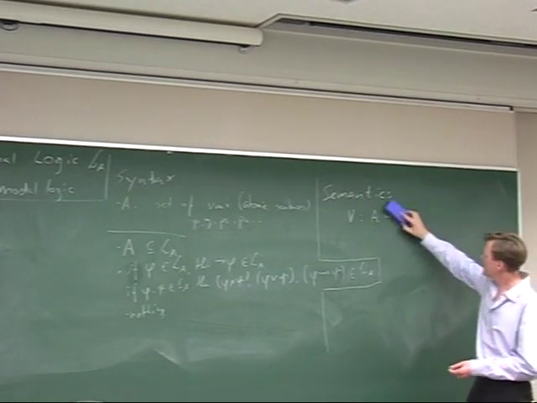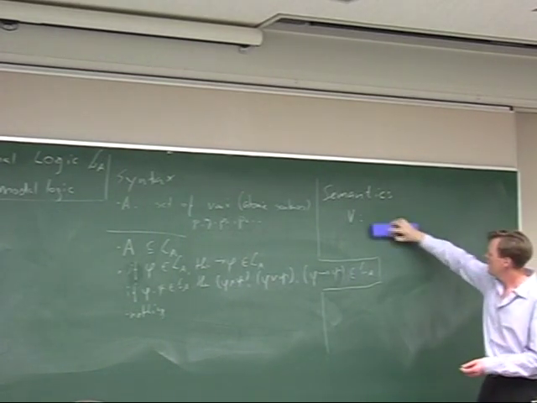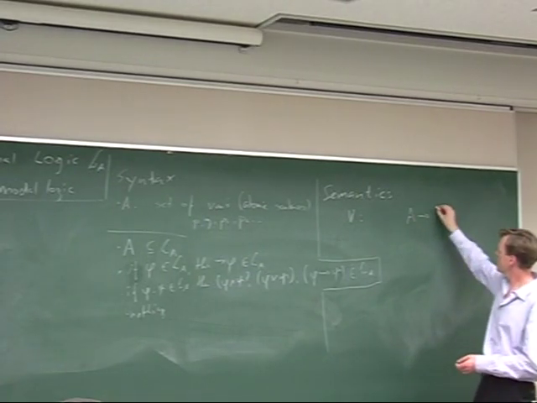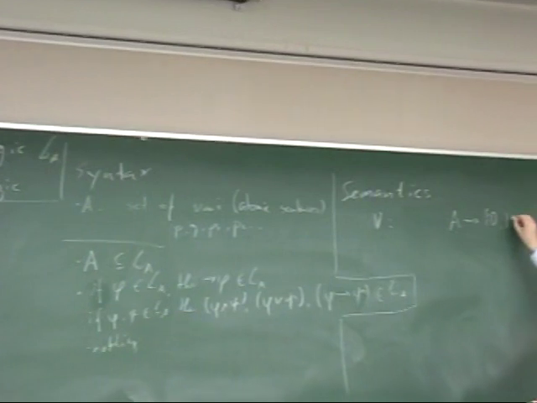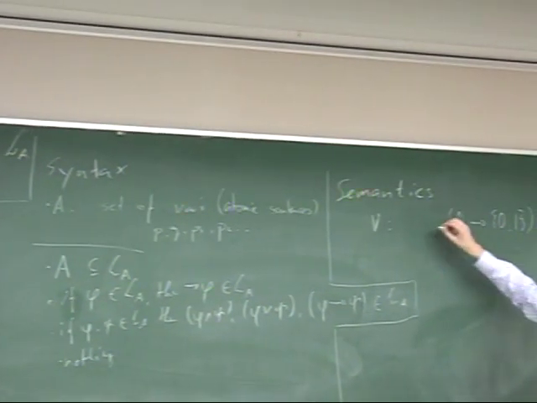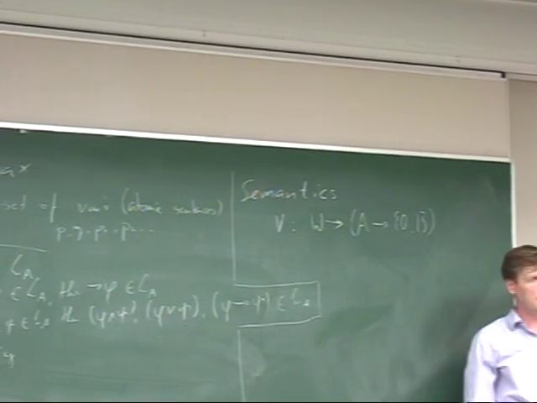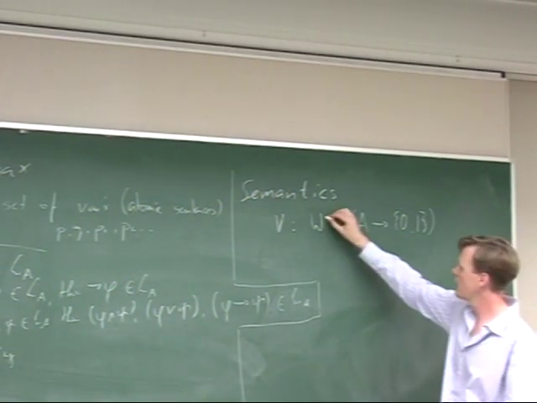The most common way is to say that V is not just a function from sentences to truth values, but a function from worlds to that kind of thing, right?